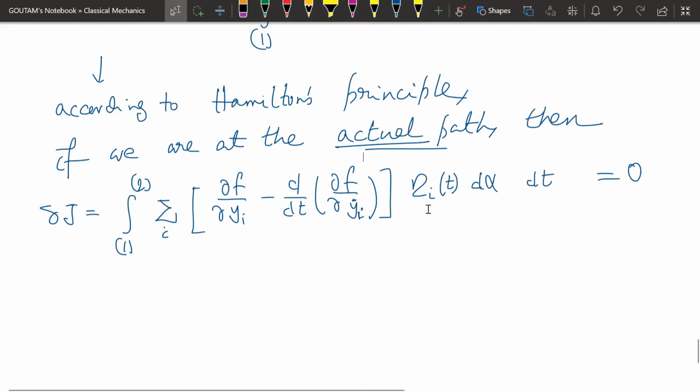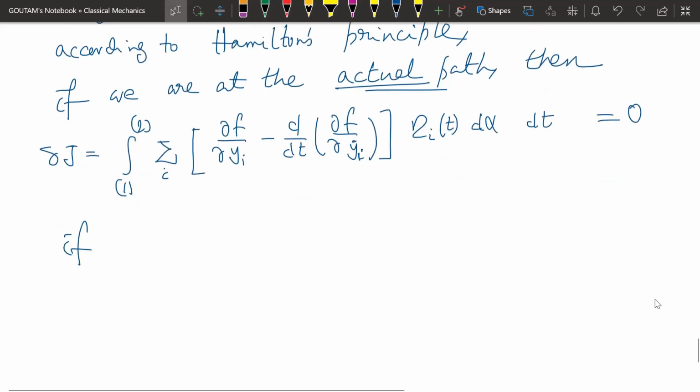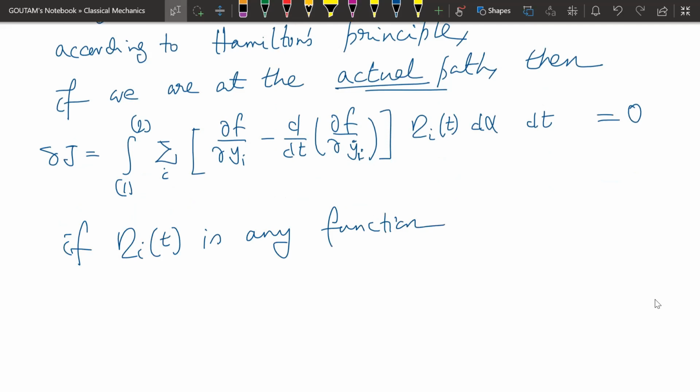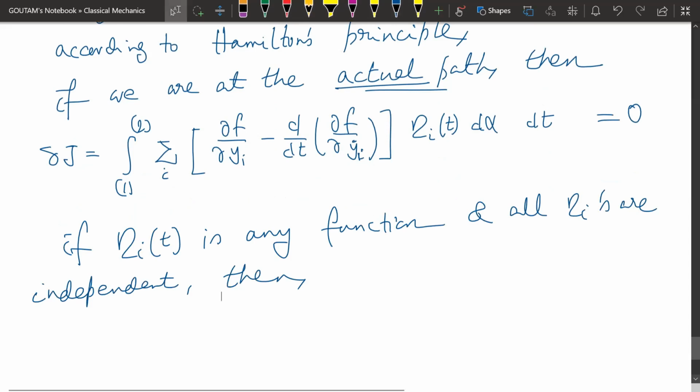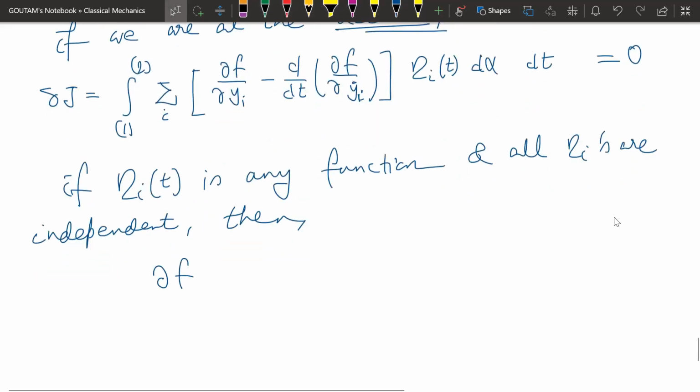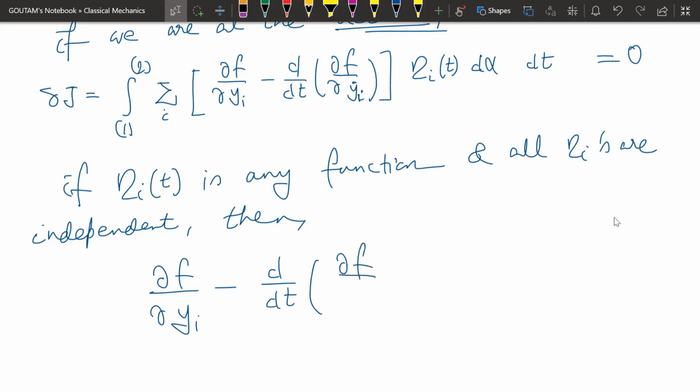If eta can be anything, and all the eta i's are independent, then if the integral is 0, this term must be 0. It must satisfy this equation.